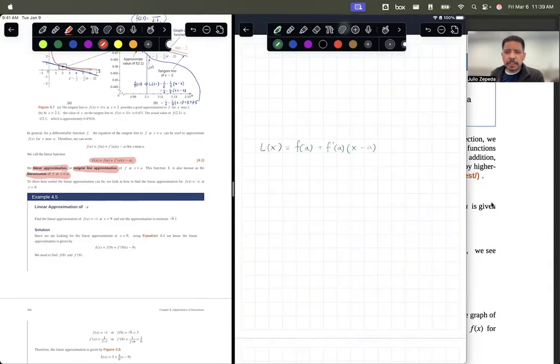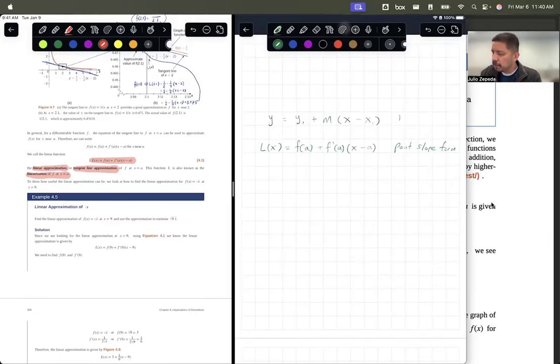Okay, and that's just the point slope form for the equation of a line, right? You've probably seen it as y equals y1 plus m times x minus x1.